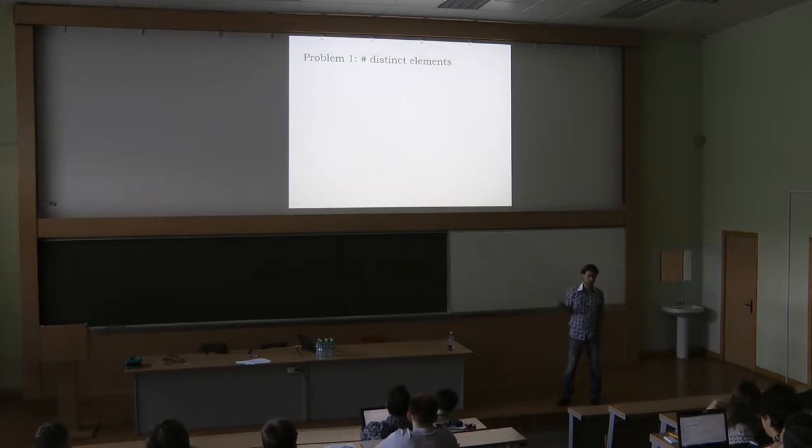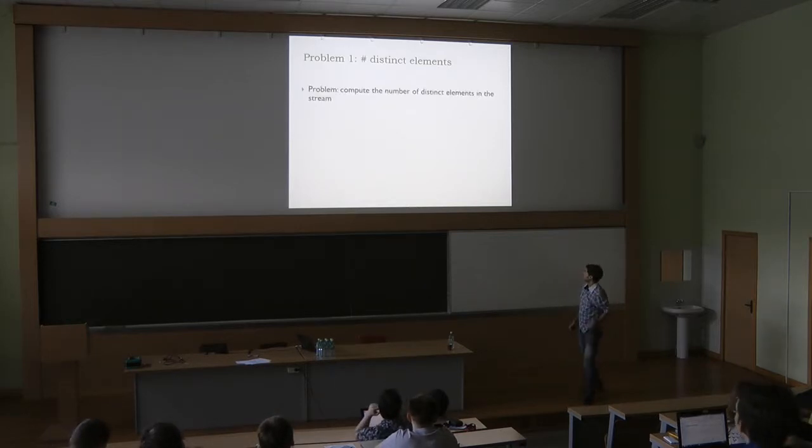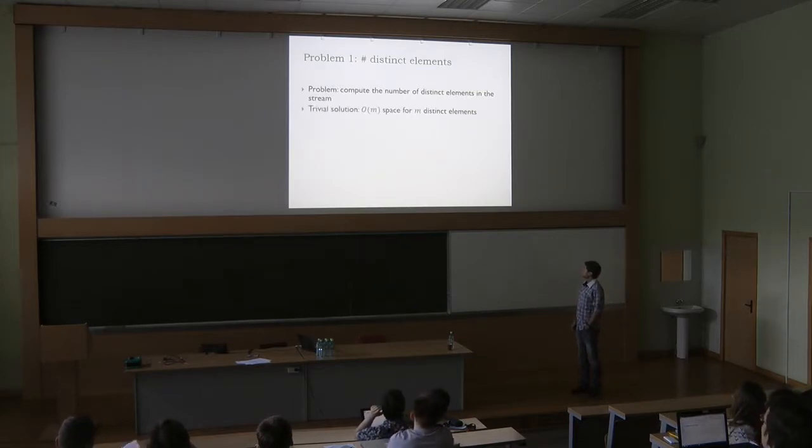So, coming back to that problem, which I told you that you cannot compute exactly without storing the entire table. So we shoot for much smaller space. To state formally: compute the number of distinct elements in the stream.